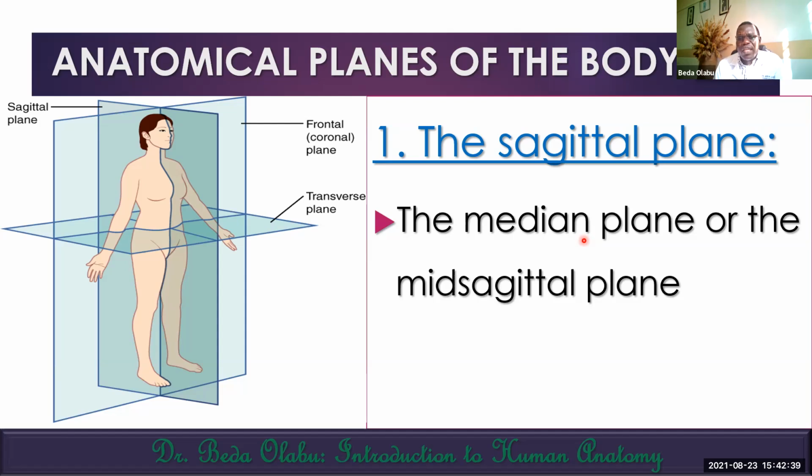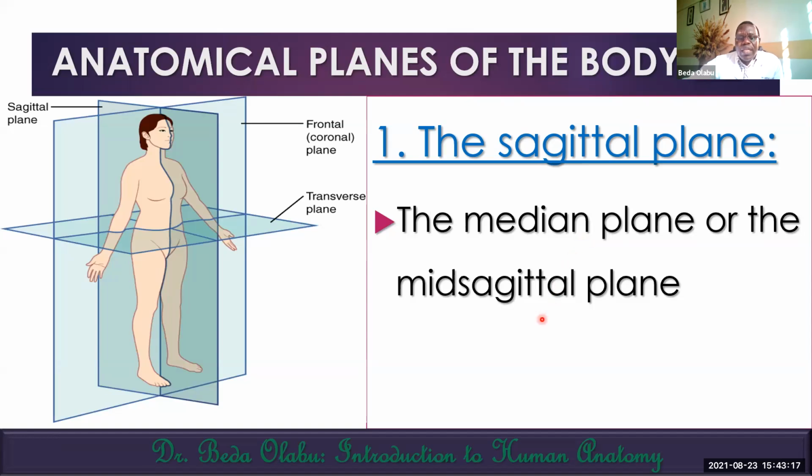Perhaps again, you need to realize that even though this right and left are equal, they may not necessarily be symmetrical. Because remember, there are some organs in the body which are only on one side. So even though we are having right and left part, the right part is not necessarily the mirror image of the left part in as much as they are equal. So equal, but not symmetrical. Sometimes they could be symmetrical, but they don't have to be symmetrical.